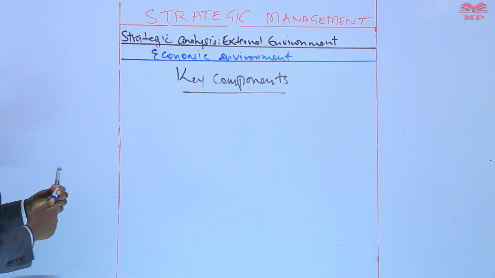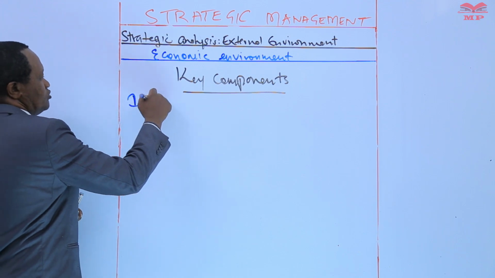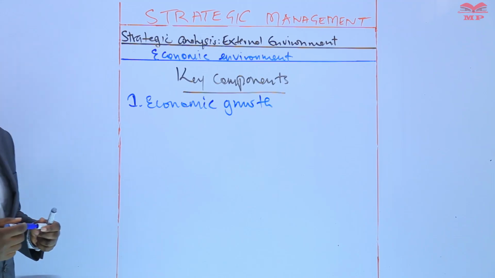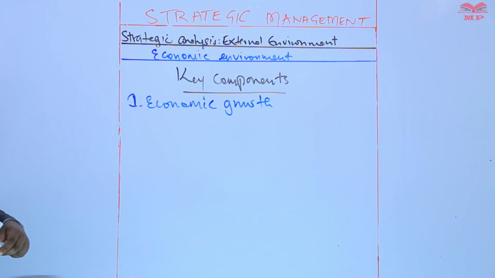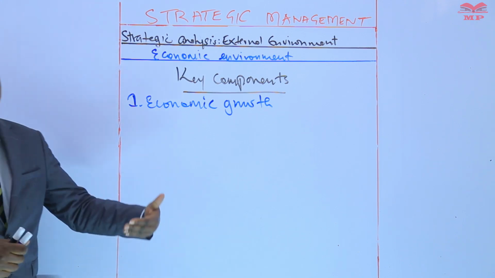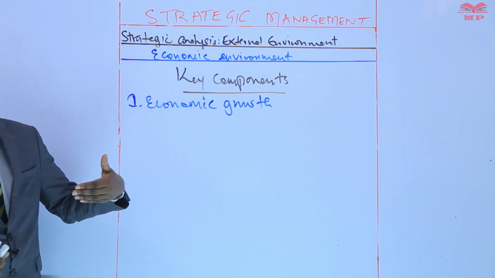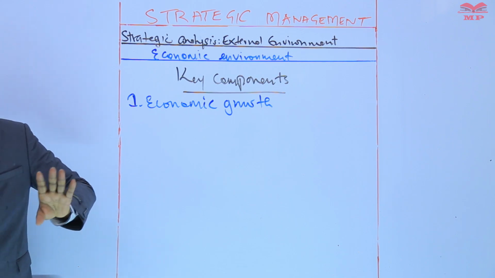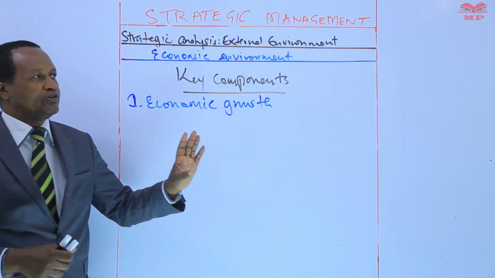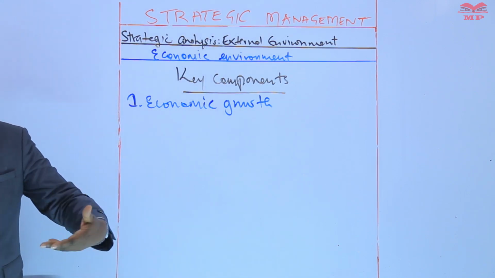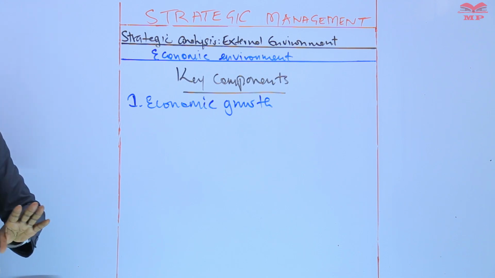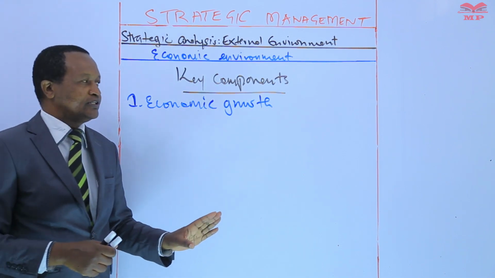The first one is economic growth. This is the overall rate of economic growth in a country, which is a key indicator of the health of the economy, and it influences consumer spending.